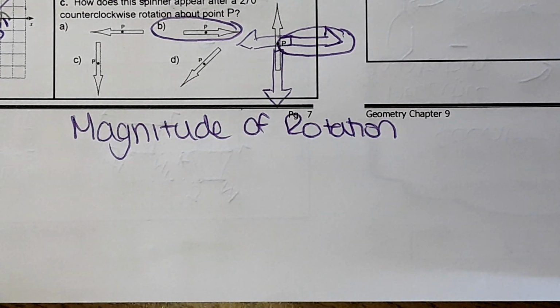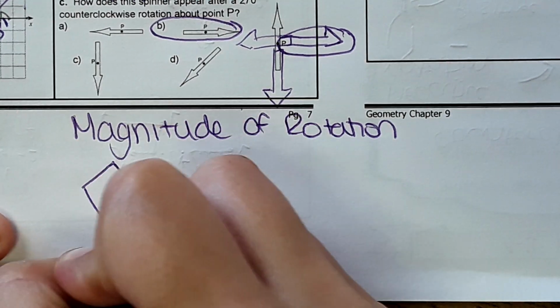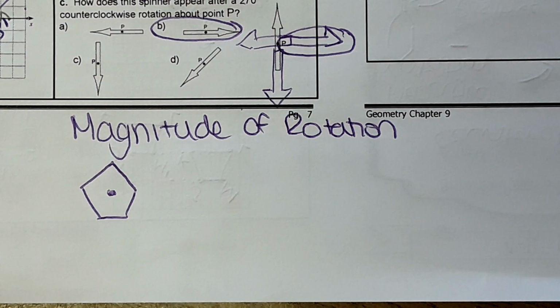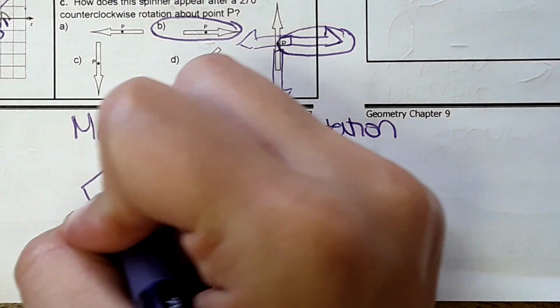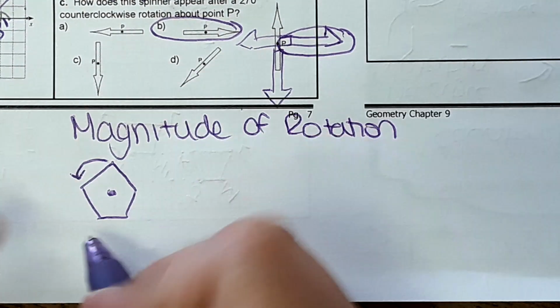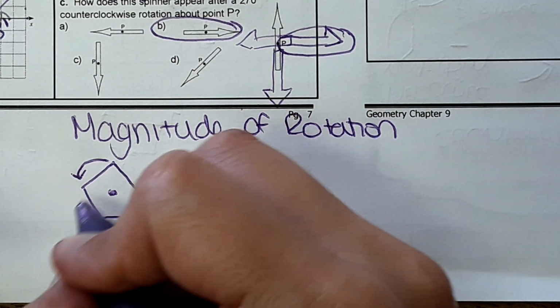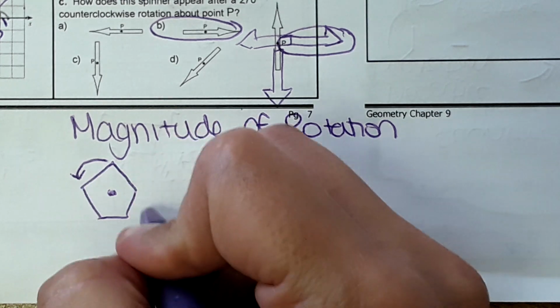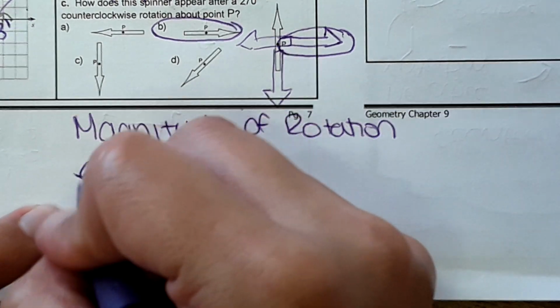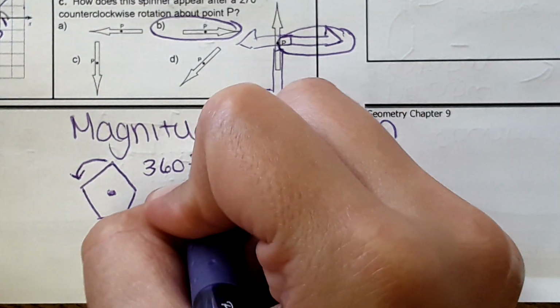Okay, so let's say you have a perfect pentagon, a regular pentagon, and it asks for the magnitude of rotation for this shape. What it's asking for is how far you'd have to rotate it so it would land on itself. So in a perfect pentagon situation, you would do it like one turn like this, and it would land on itself. And how many degrees, you're trying to figure out how many degrees that would be. Well, if a full rotation is 360, one turn like this for a pentagon would be 360 divided by the number of sides.